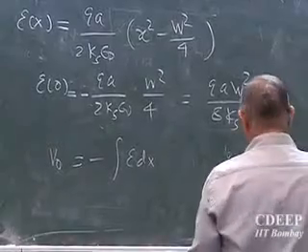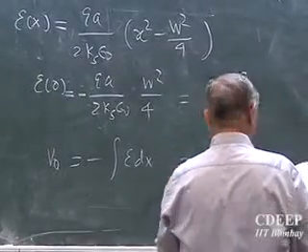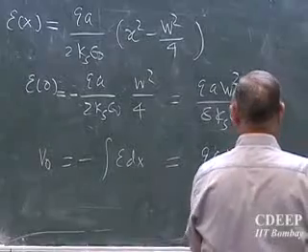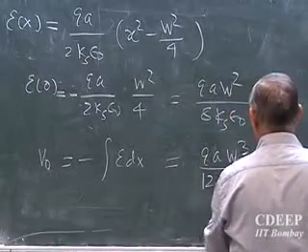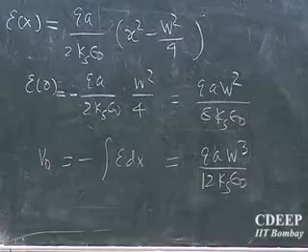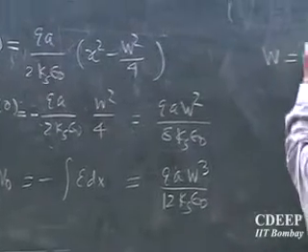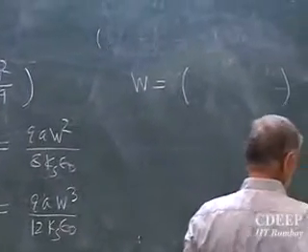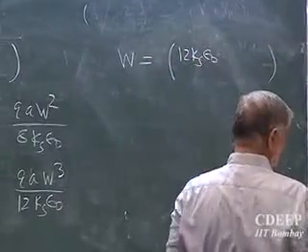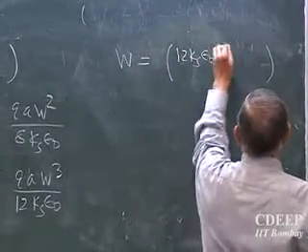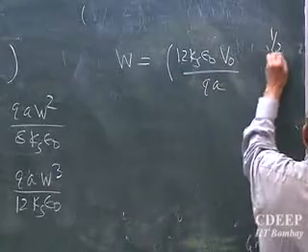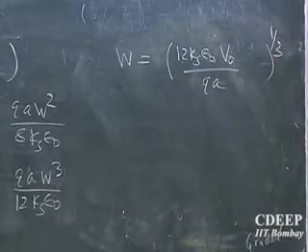V0 is QA W cube upon 12 ks epsilon 0, or W is 12 ks epsilon 0 V0 divided by 2a to the power 1/3.